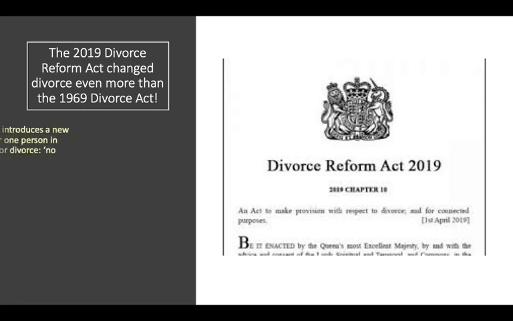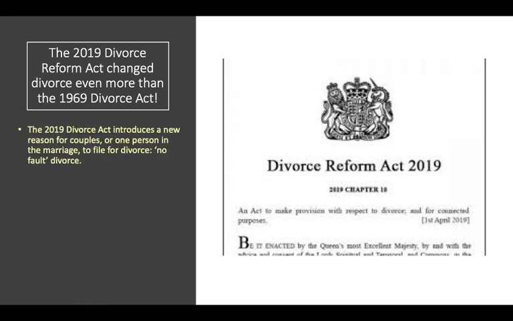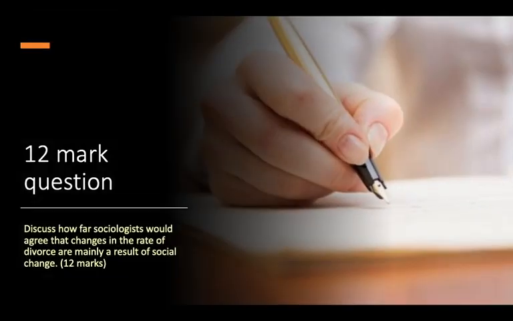Okay, so, 12-mark question. Here we go. This is something which you need to do. You have to do this, and you have to send it in to me. You need to discuss how far sociologists would agree that the changes in the rate of divorce are mainly the result of social change.